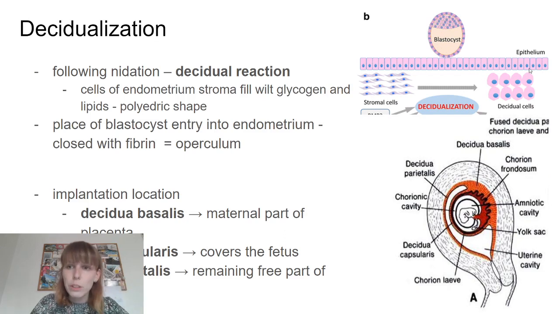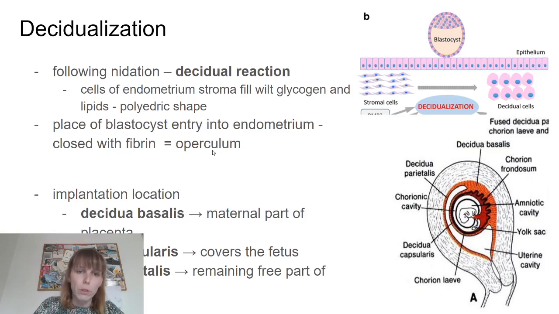So decidual cells, those will be the cells of the mother, of the endometrium, that we will see on the slides, and they will be large and swollen, so the cytoplasm will be very wide and pink. And the place where the blastocyst entered the endometrium is closed with fibrin, so clotted blood.